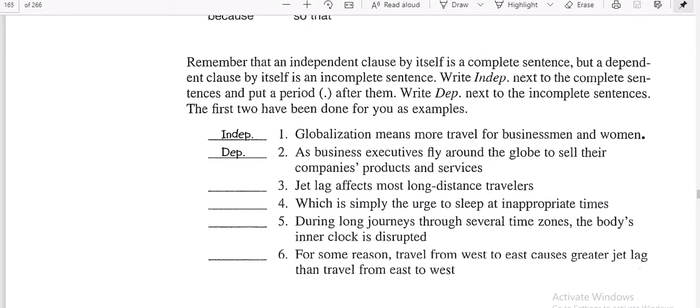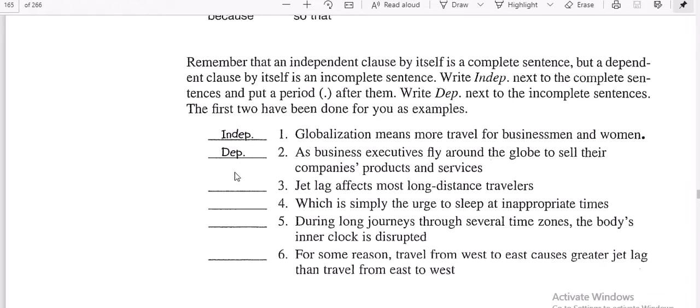Here is an exercise to make you differentiate between independent clause and dependent clause. If you decide that a clause is independent, you should just write the abbreviation indep.